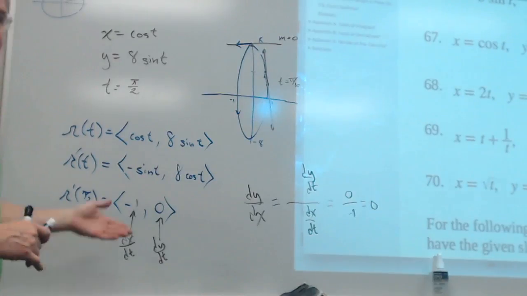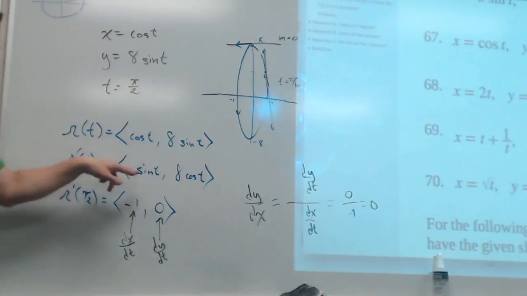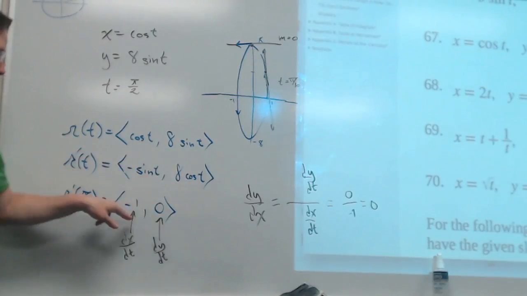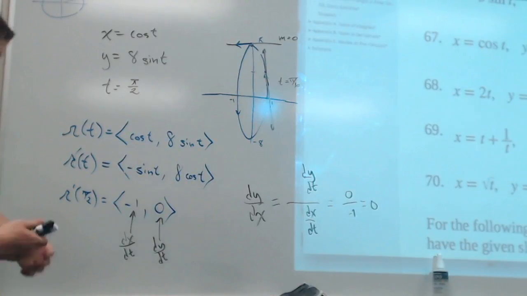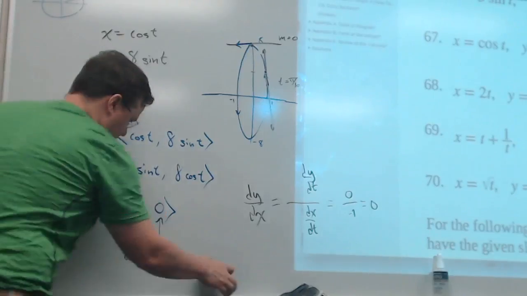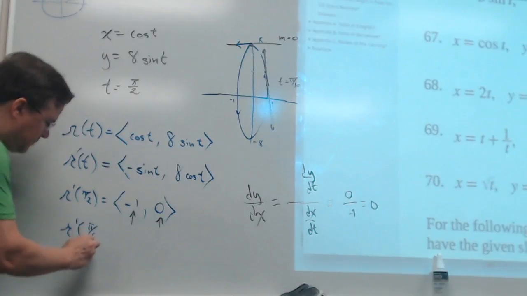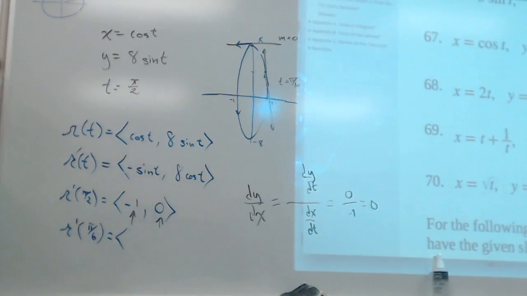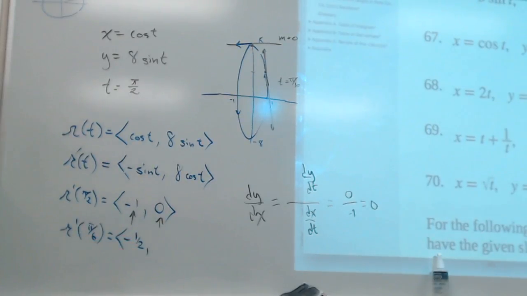I can see exactly what the slope is by plugging in pi over 6 here and here, see what numbers you get, and divide just like we did over there. The sine of pi over 6 is 1/2.